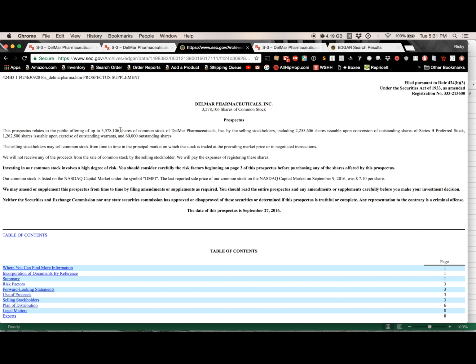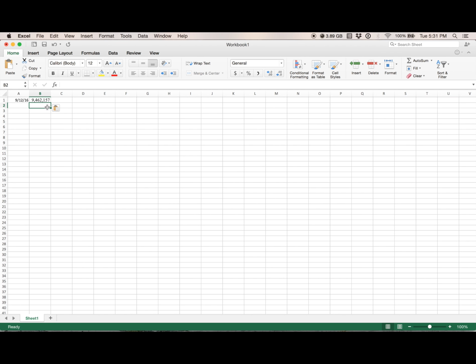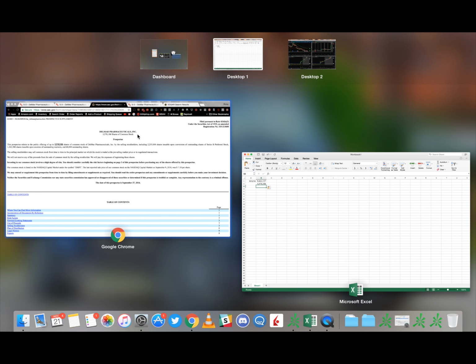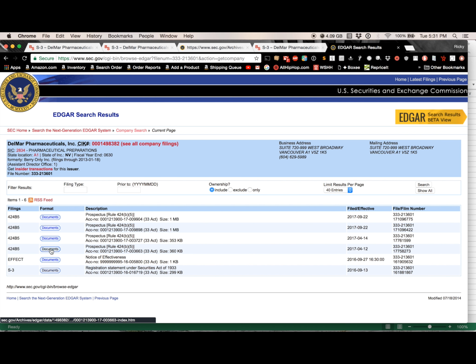And from the looks of this one, I believe they did all of them. So we're going to add these to the float, and then we're going to move on to the other S3, which has 2 offerings they did.